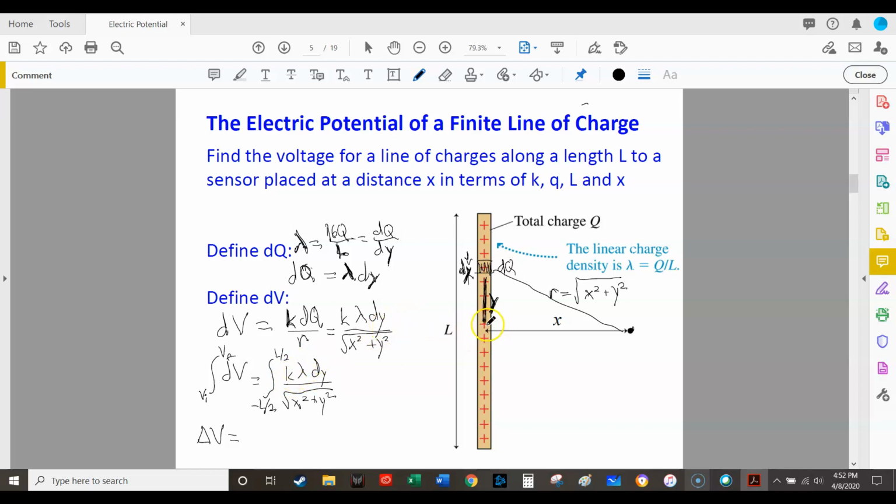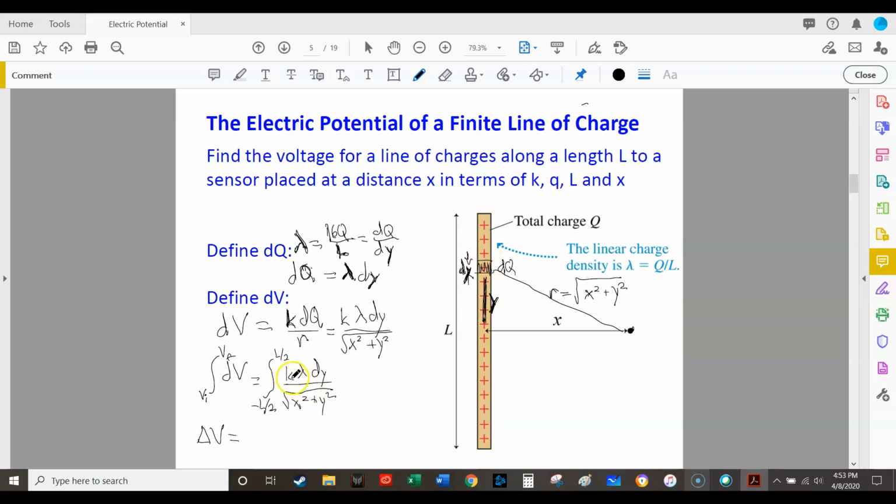These positives are all going to increase the voltage here. And these positives here aren't going to subtract from that, thinking about it with vectors. They're also going to be increasing the voltage here. So this side is a mirror image of this side. It's just going to double up the voltage.